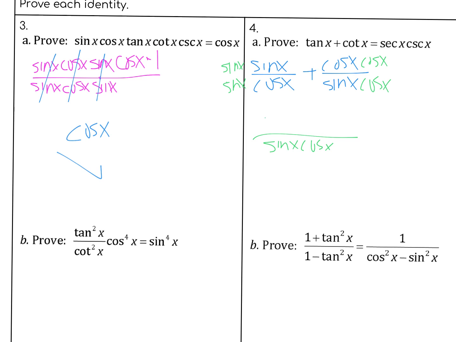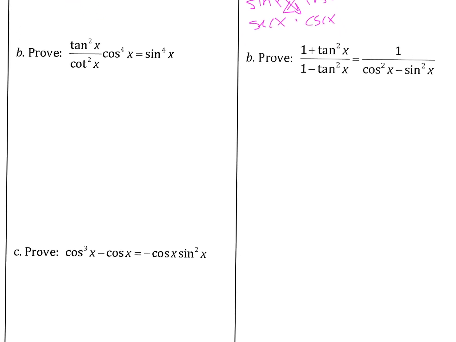And on the top I have sine times sine, which is sine squared. Cosine times cosine, which is cosine squared. Ooh, sine squared plus cosine squared is 1. So I have 1 over sine times 1 over cosine, which is the cosecant, times the secant. I just could flip those because of the commutative property.